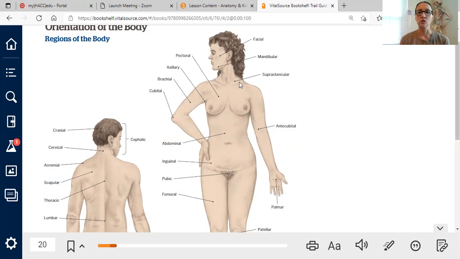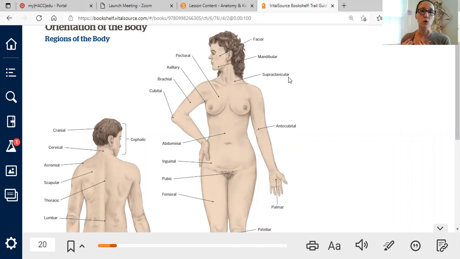You have a supraclavicular area or region. Supra means what? From our med terms, what does supra mean? Yes, above. That's right. Supra means above, and clavicular refers to your clavicle. This is your clavicle. It is your collarbone.